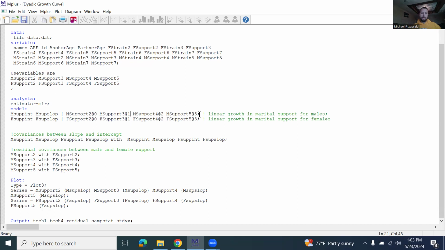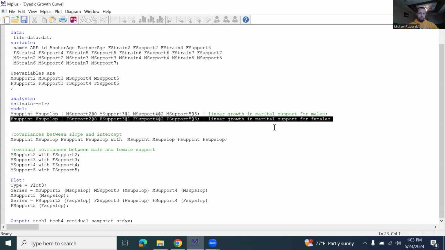Mplus will automatically create your intercept factor for you, so you do not need to hard code it. You certainly have the option to, if you would like, but that is not necessary. As you can see here, I'm specifying the linear growth in marital support for the male participants.